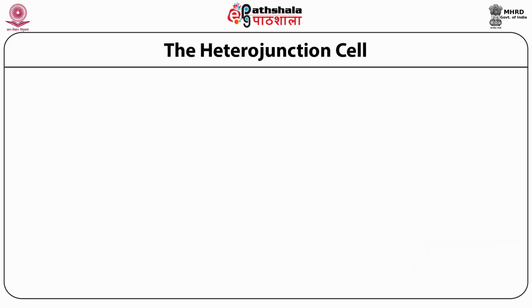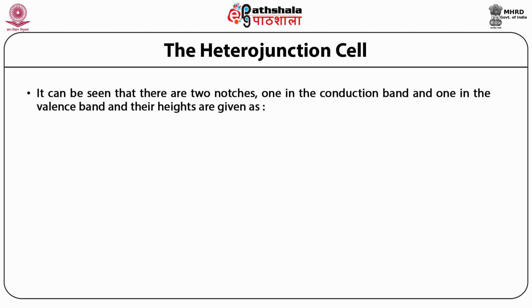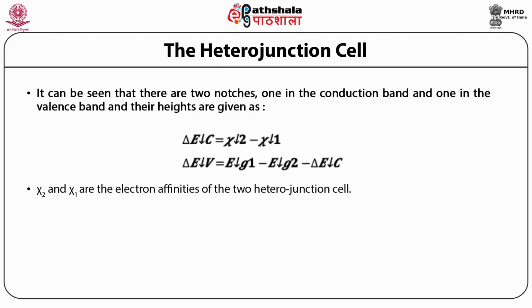In the heterojunction cell, it can be seen that there are two notches, one in the conduction band and one in the valence band, as shown in the previous figure, and their heights are given by delta EC equal to chi2 minus chi1 and delta EV equal to Eg1 minus Eg2 minus delta EC, where chi2 and chi1 are the electron affinities of the two materials of the heterojunction cell.